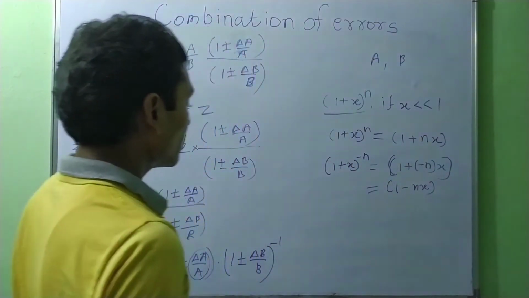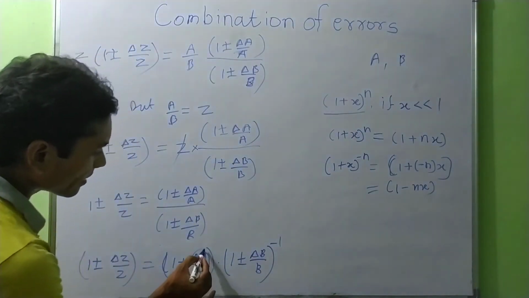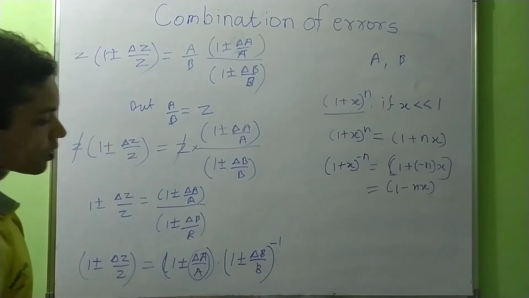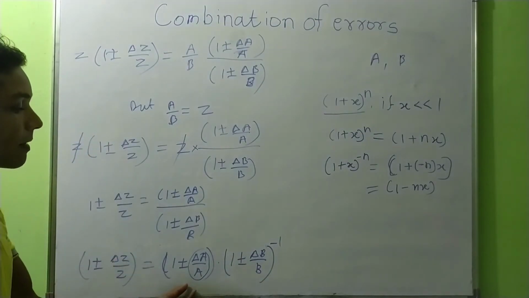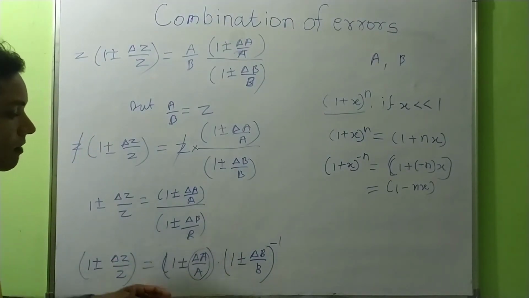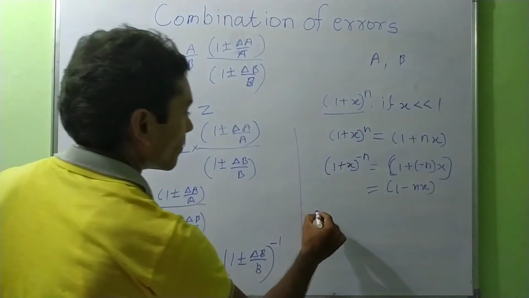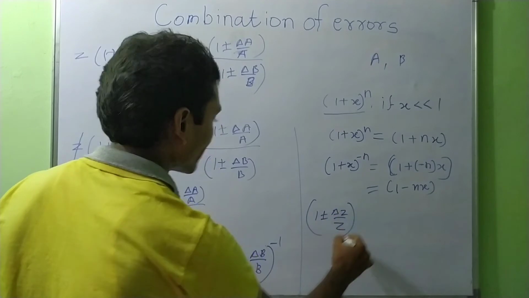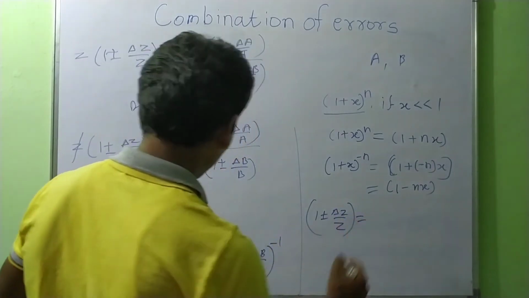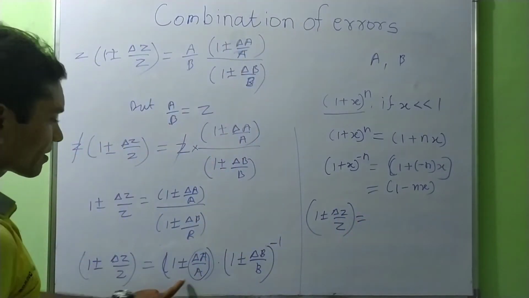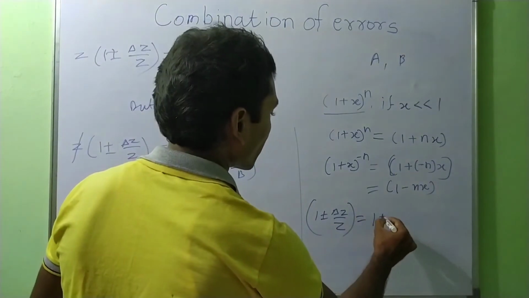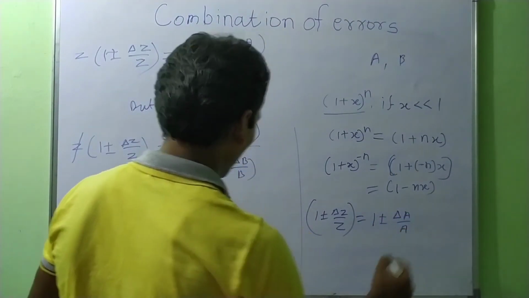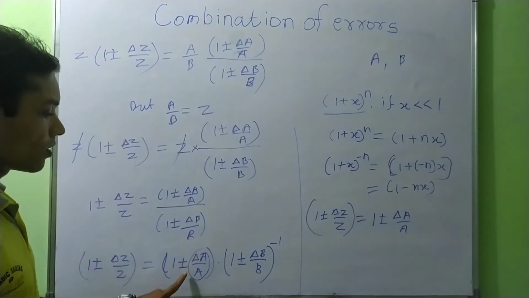In the same way, this is a very small value and this is also a small value. So on expanding by the binomial theorem, we will get 1 plus minus del Z upon Z equal to the expansion of this term, 1 plus minus del A upon A, because the power is 1.